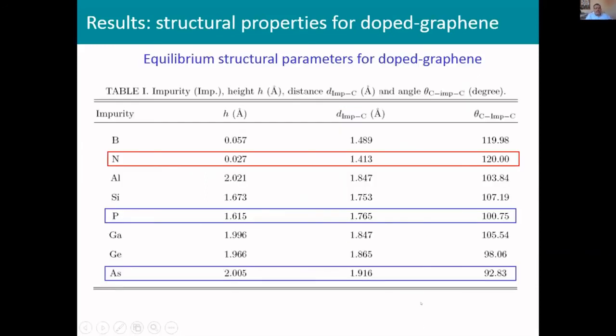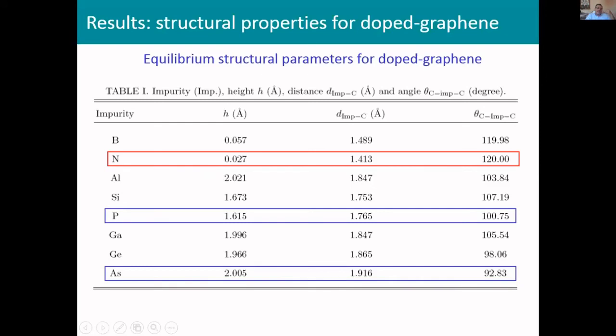And one important point that we are trying to connect is this behavior of the magnetic properties with the structural properties. Here in this table are the values of the distance from the impurity to the first nearest neighbor carbon atom, the angle formed by the impurity with the 2 carbon atoms, and the distance from the plane of the pristine graphene with respect to the system deformed after introducing the impurity.